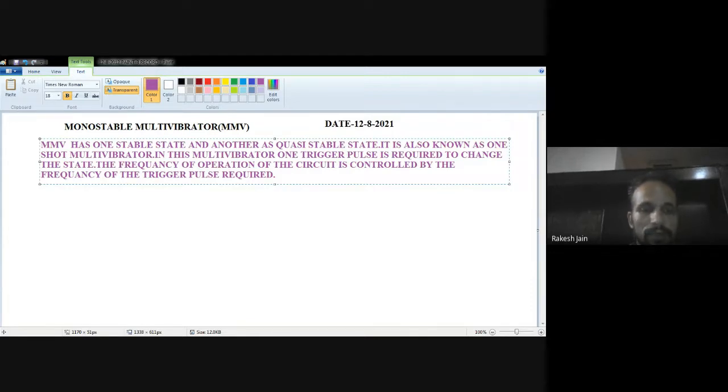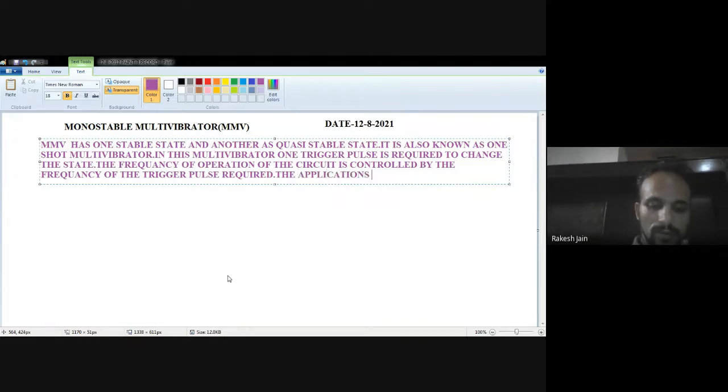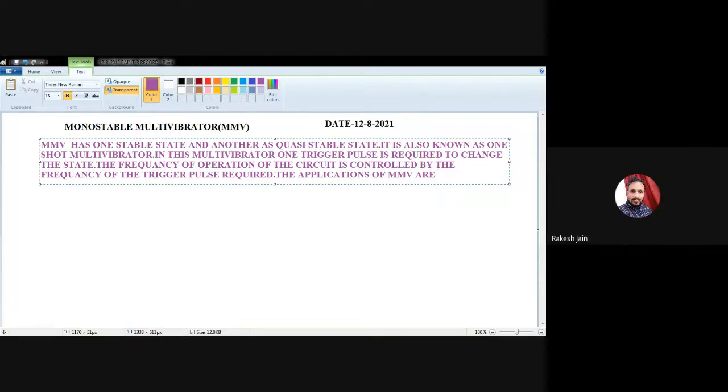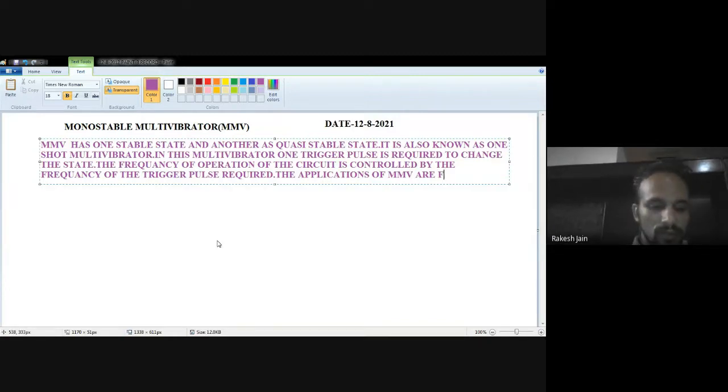So I am just writing down the basic applications of monostable multivibrator, as I told you: timers, frequency dividers, pulse width modulations.